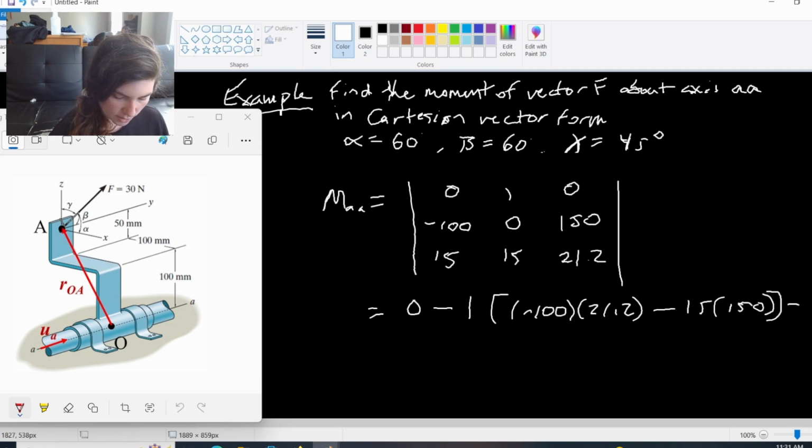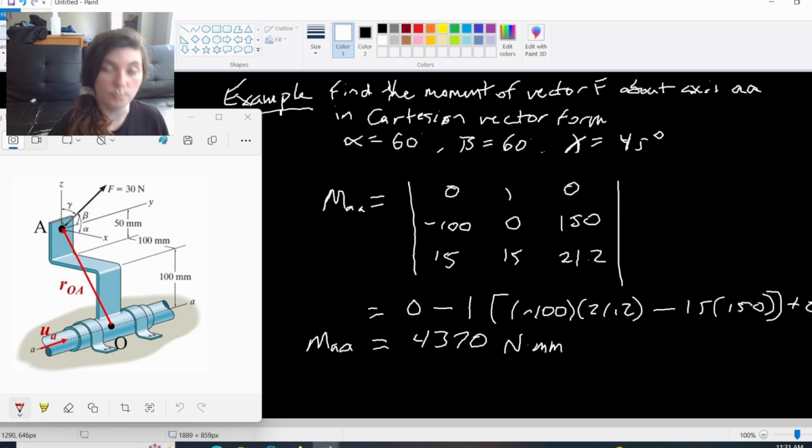And then the k hat term again is 0, so that'll be plus 0. So we end up with a magnitude for our moment about axis AA of 4,370 newtons times millimeters. Newton millimeters, right? Because we didn't convert them out of millimeters.